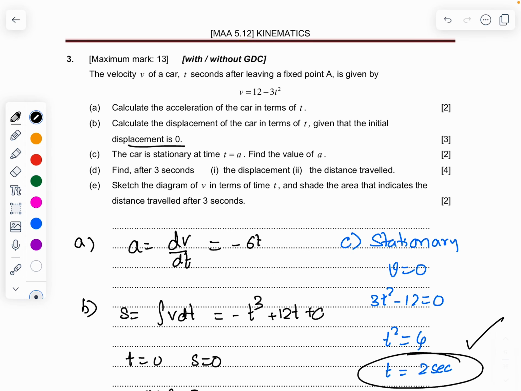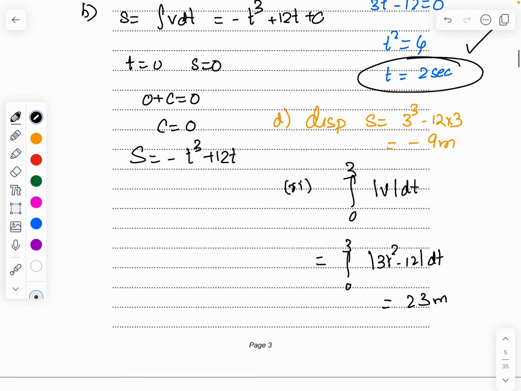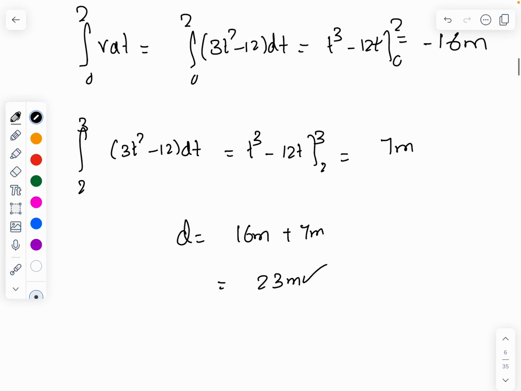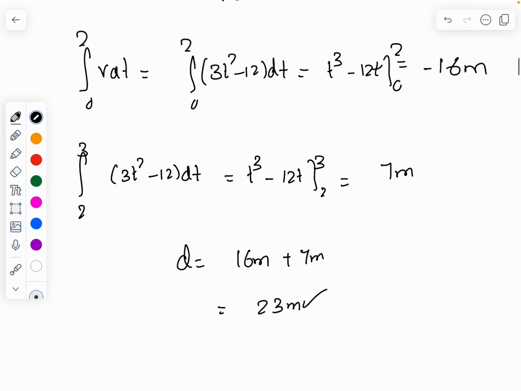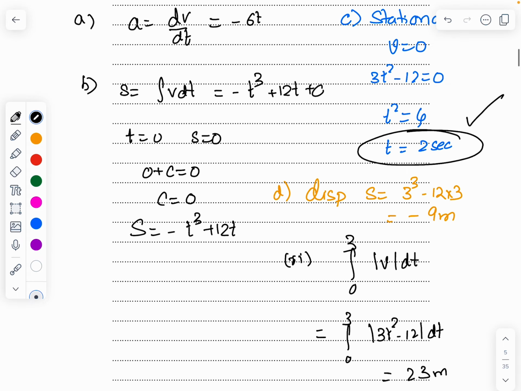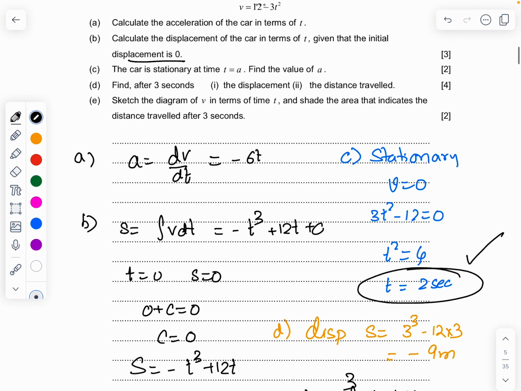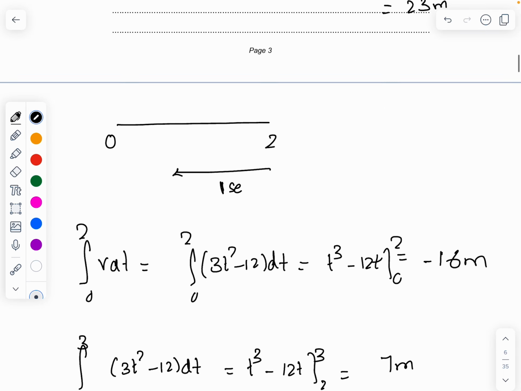Sketch the diagram of v in terms of t and shade the region area. Indicate the distance traveled after 3 seconds. So what is happening? In the first 2 seconds it is a negative area, and 2 to 3 seconds it is positive area, 12 minus 3t square.